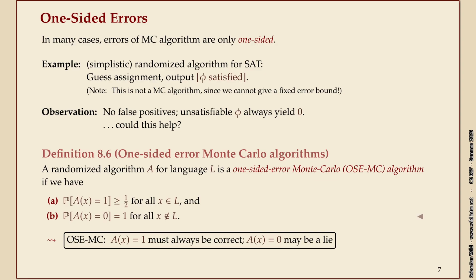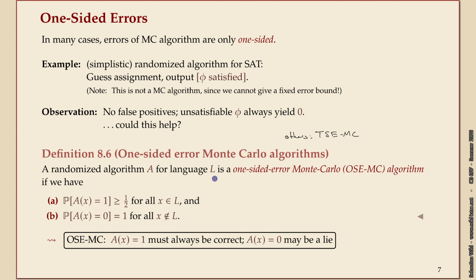The formal definition of the class of algorithms here is the one-sided error Monte Carlo algorithms, and we'll refer to the others then as two-sided error. Just to have that on the slide, two-sided error Monte Carlo are the unrestricted ones that we considered before.